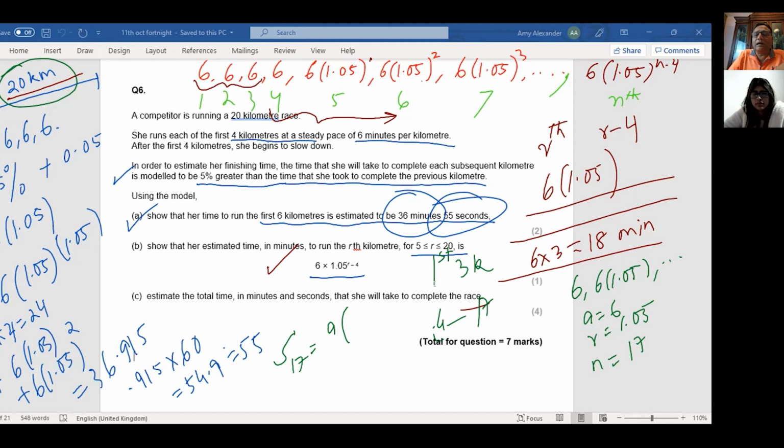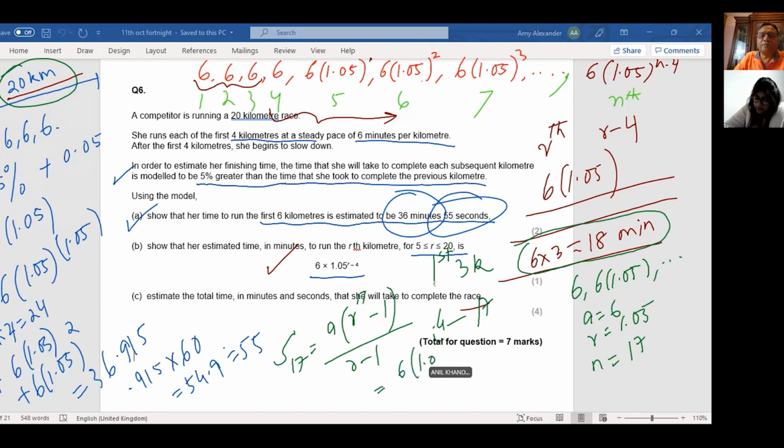So we are adding the first 18 minutes to the rest 17, which will follow a geometric series pattern. So a times r to the power of 17 minus 1 over r minus 1. Calculate this: 6 times 1.05 to the power of 17 minus 1 over 1.05 minus 1.